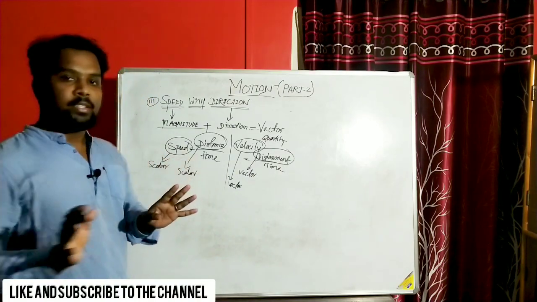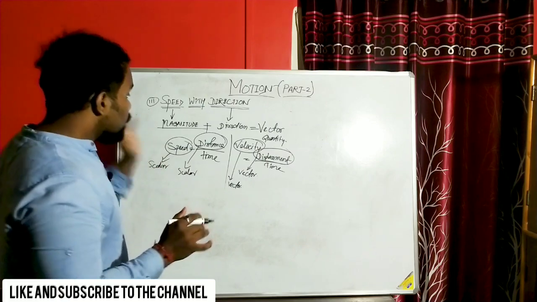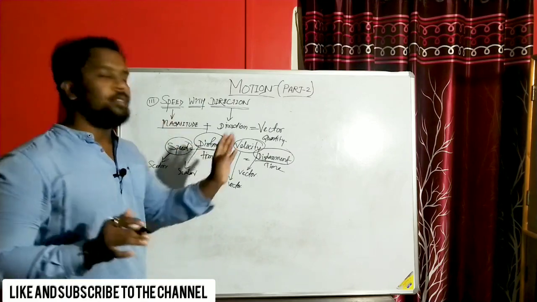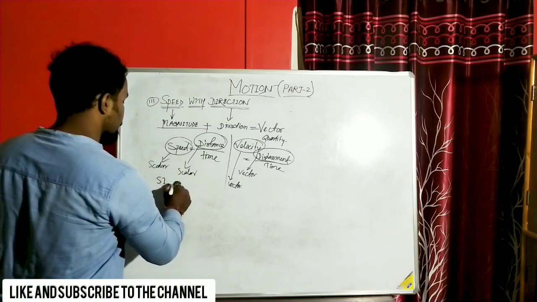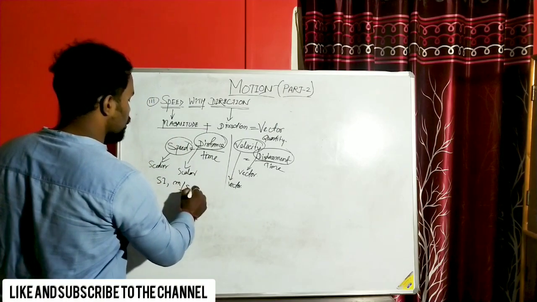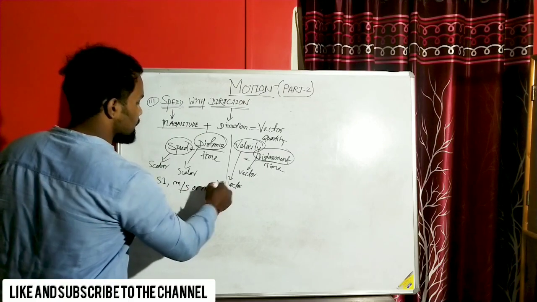This is the main difference between speed and velocity. But one similar case is there: the unit for both speed and velocity is the same. For speed, the SI unit is meter per second, or you can write meter second inverse.